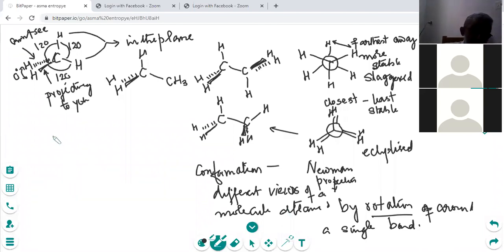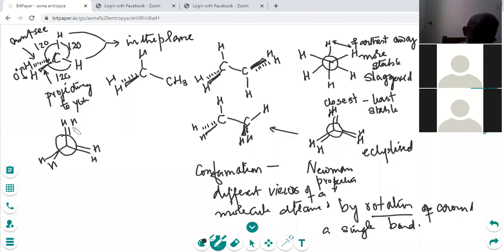Now let us do an exercise like this. See here. I take the eclipsed conformation of ethane. Remember, this is the most unstable one, meaning this is the maximum energy.